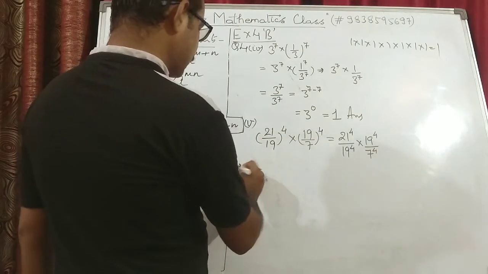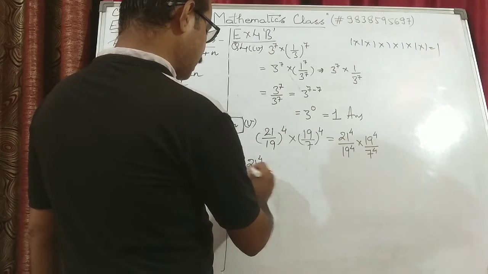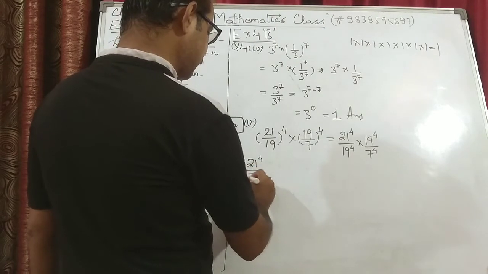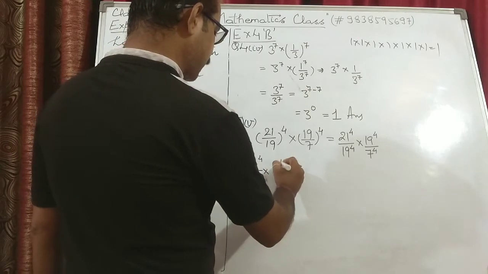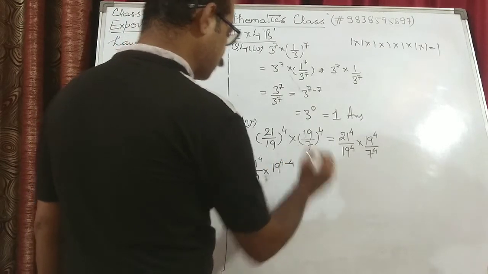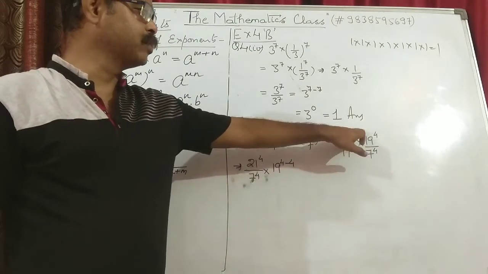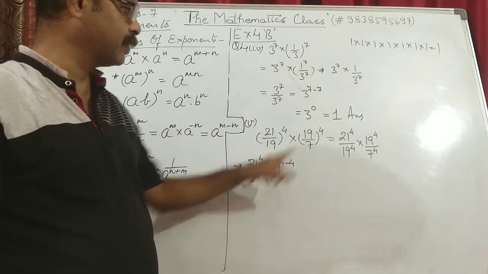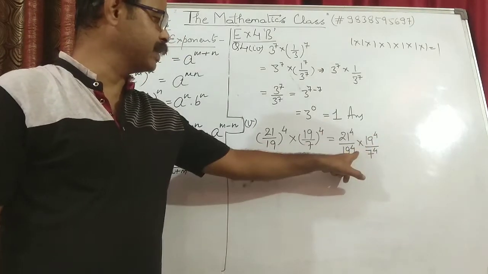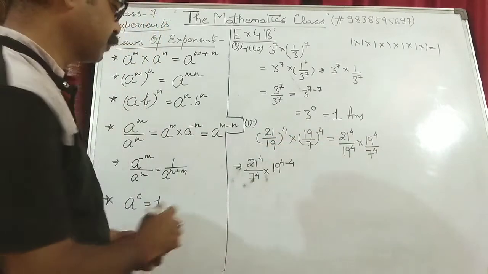What we have done, we have separated them. Now in this, 21 to the power 4 upon 7 to the power 4 into 19 to the power 4 minus 4. What I have done? This denominator moved to the numerator, so it became negative. So it was 19 to the power 4 and minus 4.